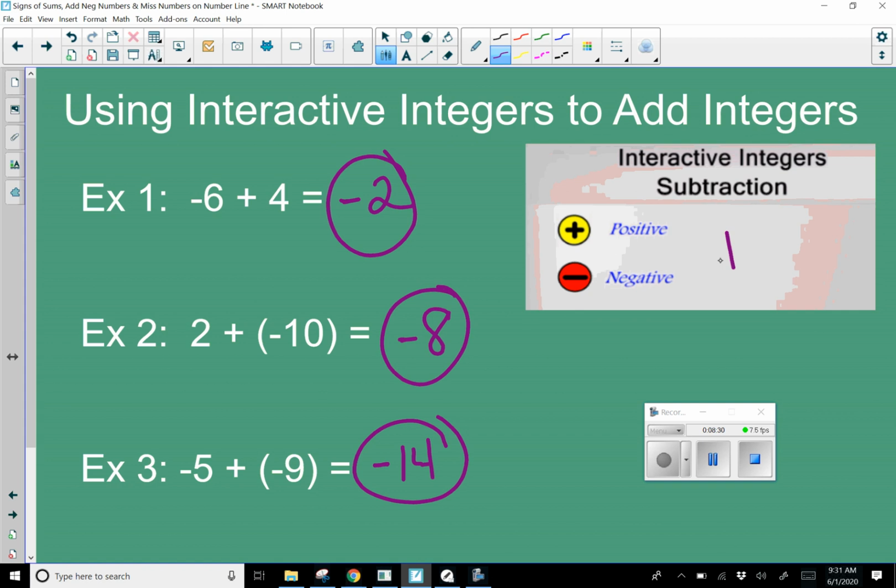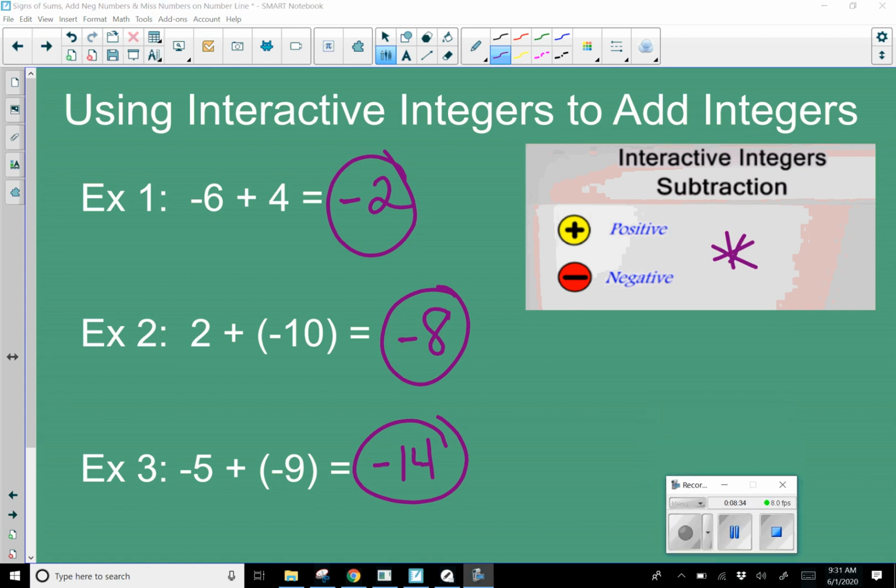Now notice over here it says interactive integers. You can always use positive and negative symbols to help you do these problems as you're learning the rules. So for example, I'm going to draw 6 negatives, and then I'm going to draw 4 positives.